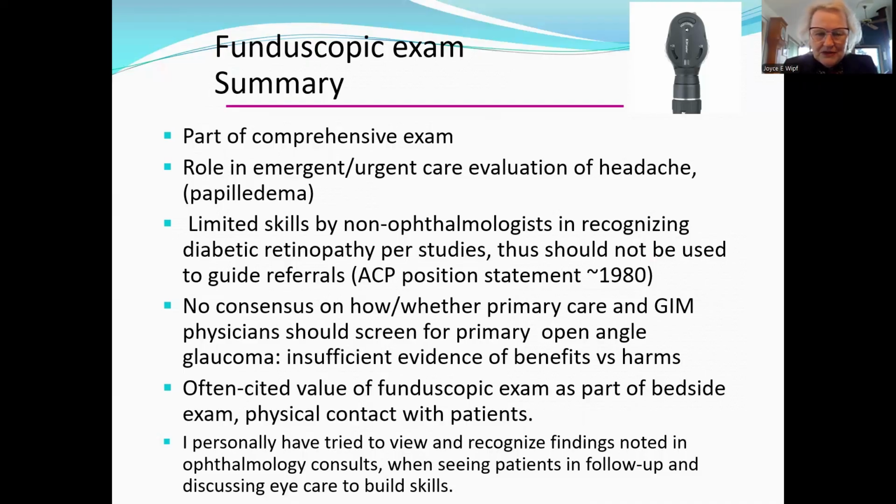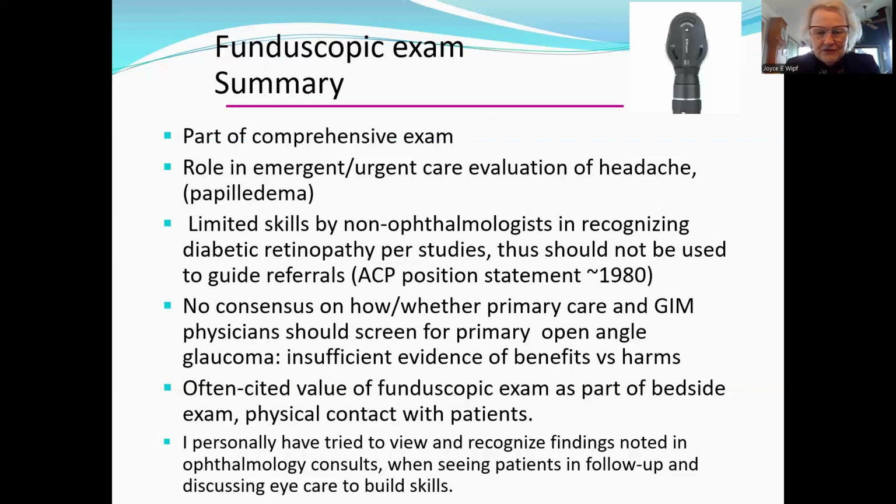Thus, it should not be used to guide referrals, and there's an American College of Physicians position statement on this from way back. There's no consensus on how or whether primary care and general internal medicine physicians should screen for primary open-angle glaucoma, with insufficient evidence of benefits versus harms, as well as no consensus on screening for macular degeneration or asymptomatic vision loss.